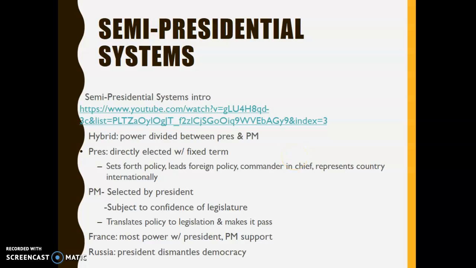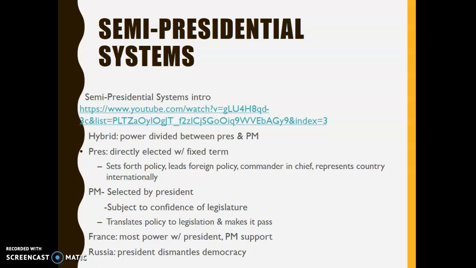So there are two prominent models of the semi-presidential system. In France, most powers are with the president, but the prime minister supports him. In Russia, the power really truly resides with the president, which has been Putin, although unofficially at times, but largely Putin has been the guy running the country.